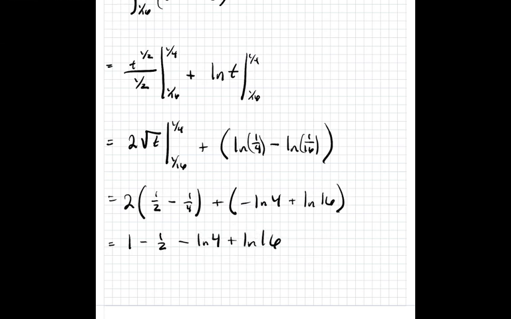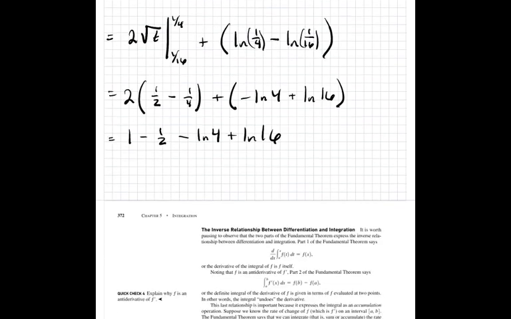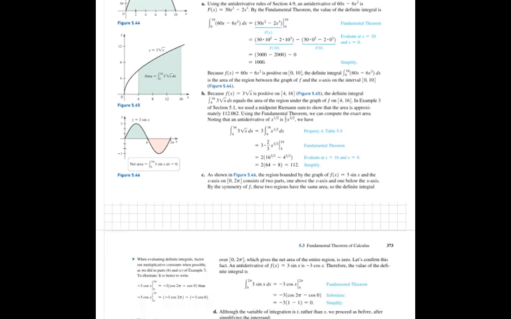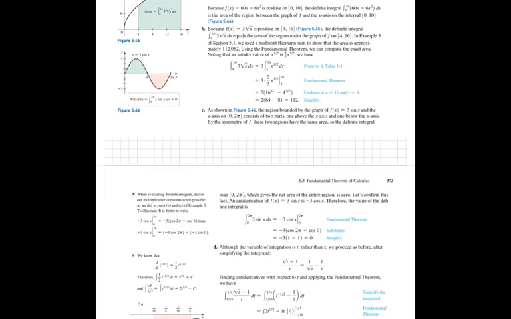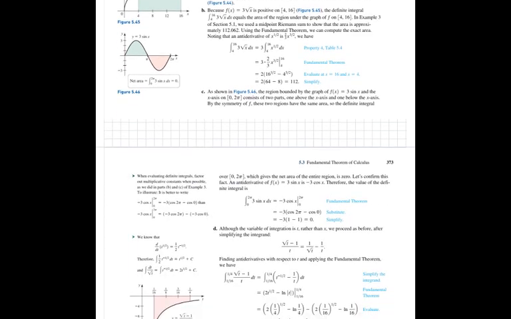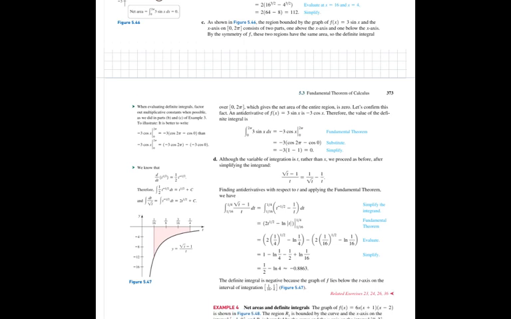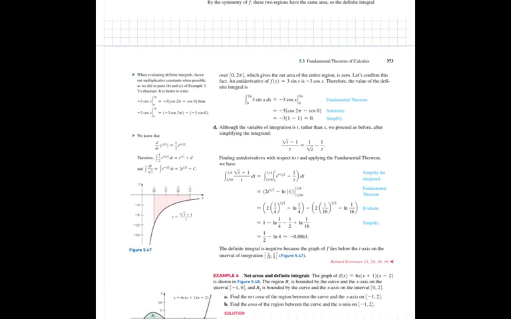Let me see if that's what they did. For part C, we got 0, that's fine. Natural log absolute value. Right here, they got 1 minus the natural log of 4 minus 1/2.